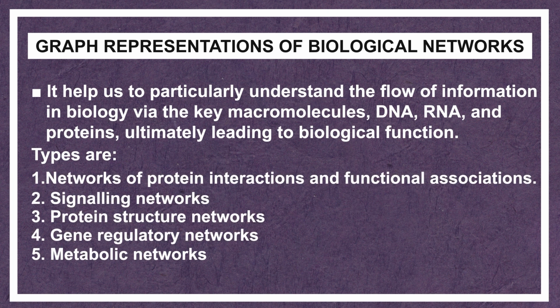The first example: network of protein interaction and functional association. Amongst the most widely studied biological networks are protein interaction networks as well as networks of functional association. Their popularity is exemplified by the existence of several databases.